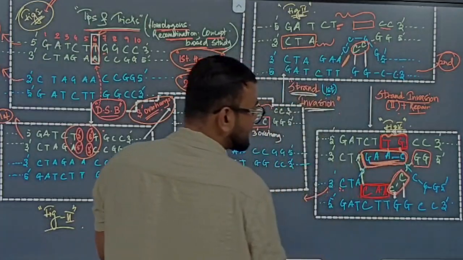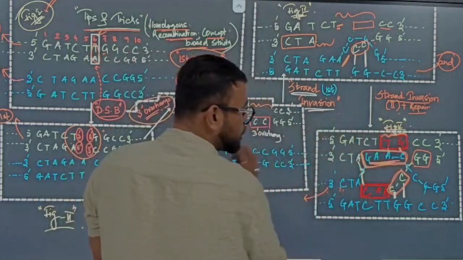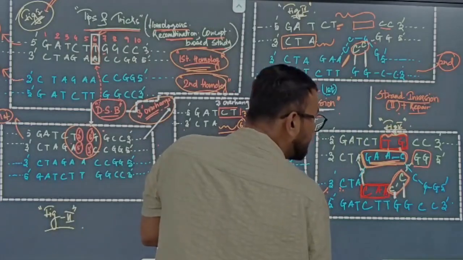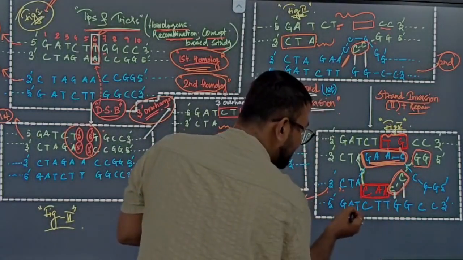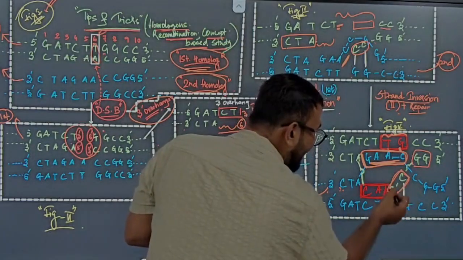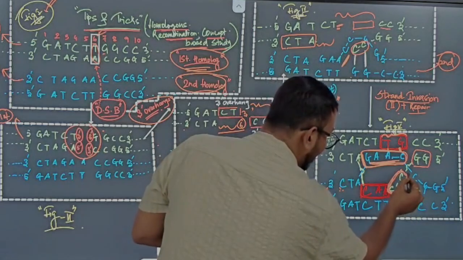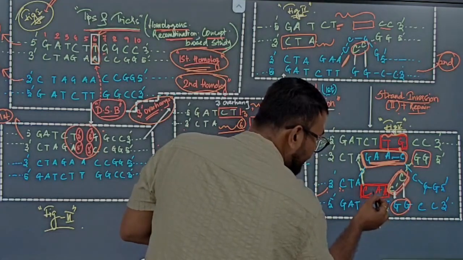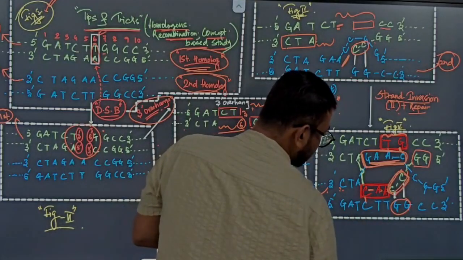This is how the bonding has occurred: A with T, C with G. And similarly for C, as it has another template and has already formed a bond with GG, being a CC overhang, the rest of the portion will also be repaired.